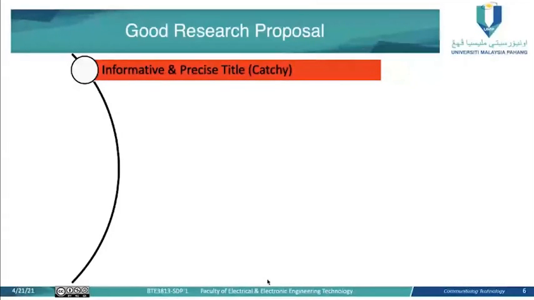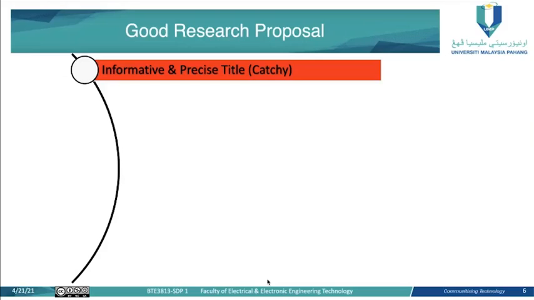Okay, so your title should be informative and precise, and should be catchy. Catchy means it has some catchy or bombastic words which attract the reader. When you read the title on the banner, or when you present your title, they say, wow, very, very good title. The title attracts them, so they can follow up during your presentation, and they will give you a good mark.